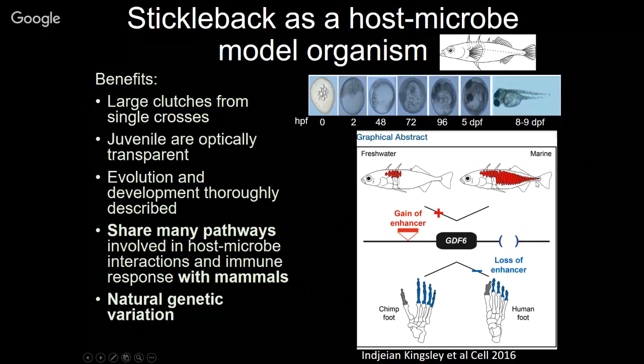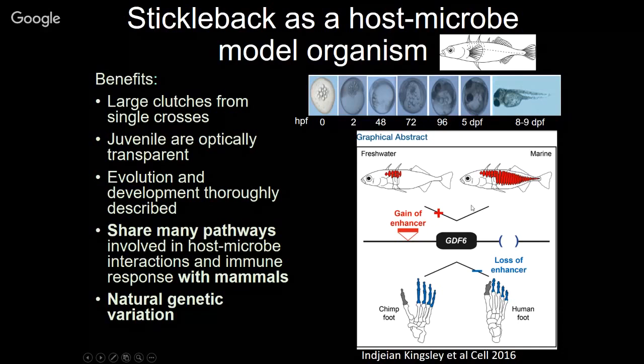And here you can see this marine fish has a lot of bones, these bony plates, and the freshwater fish don't have very many of these bony plates. The Kingsley lab identified a gain of enhancer that is lacking in the freshwater fish, and found that this regulator is actually conserved from fish all the way to humans, and that loss of this enhancer in humans resulted in human-like feet compared to chimp-like feet.